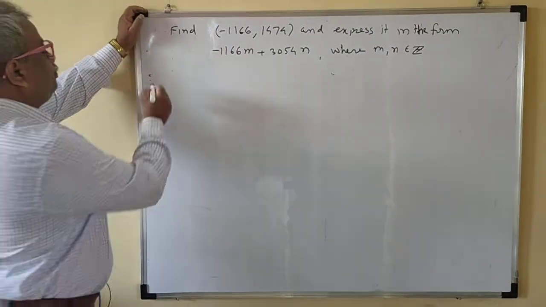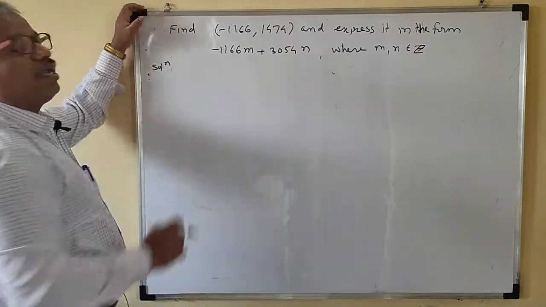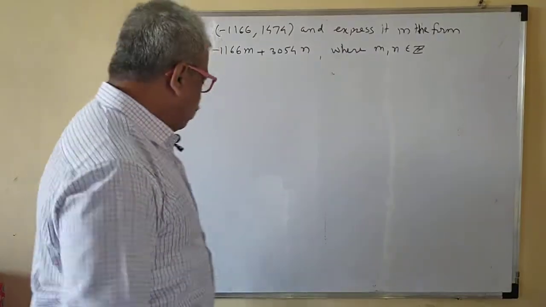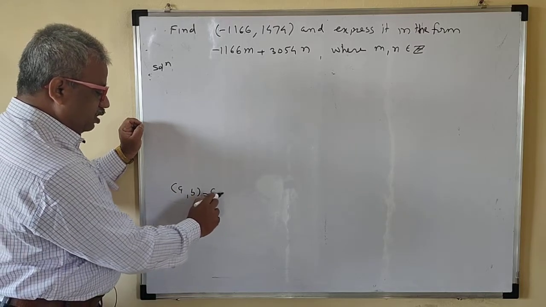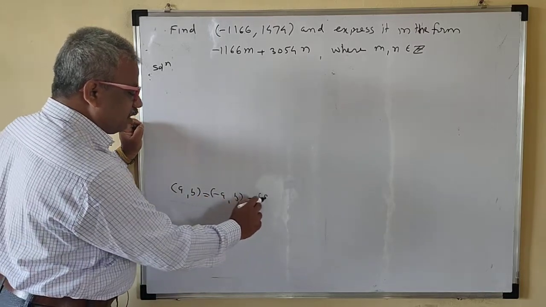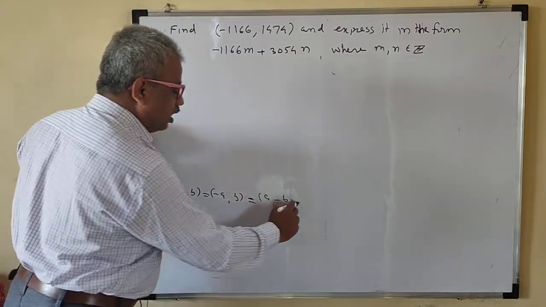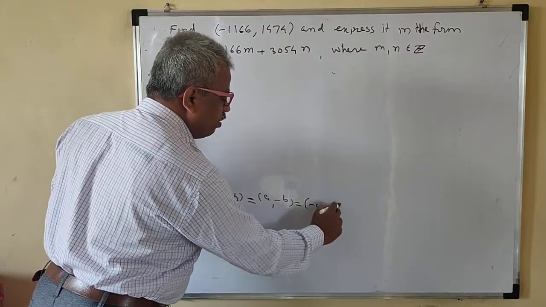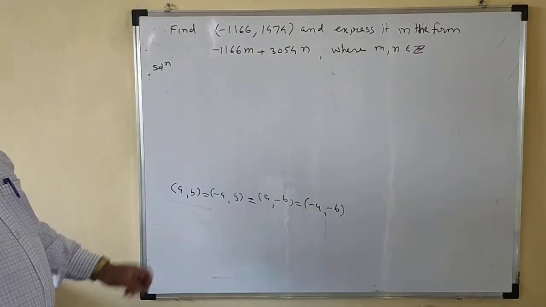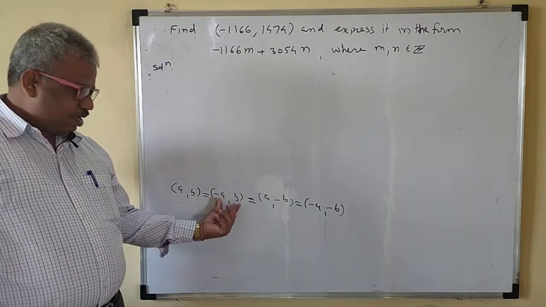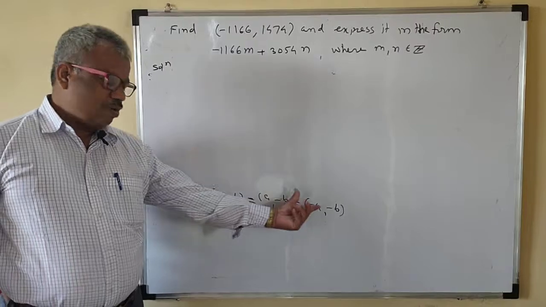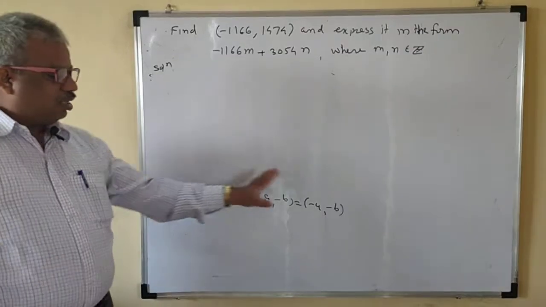Okay, solution. Now see here the negative number is there, but we know that GCD of (a, b) is the same as GCD of (minus a, b), which is the same as GCD of (a, minus b), and this is the same as GCD of (minus a, minus b). So we'll take positive numbers.